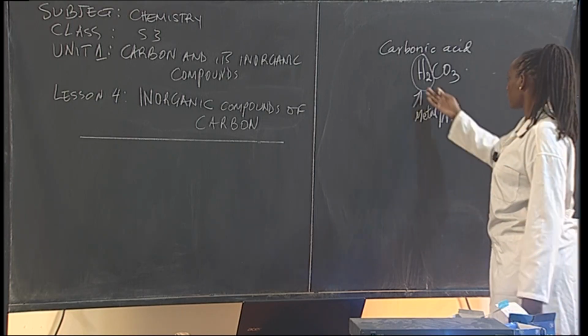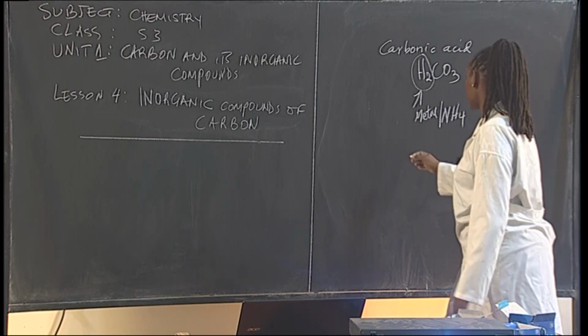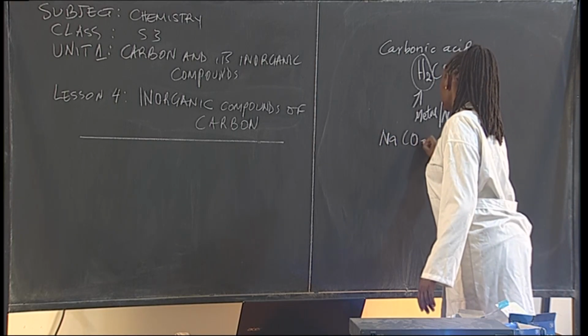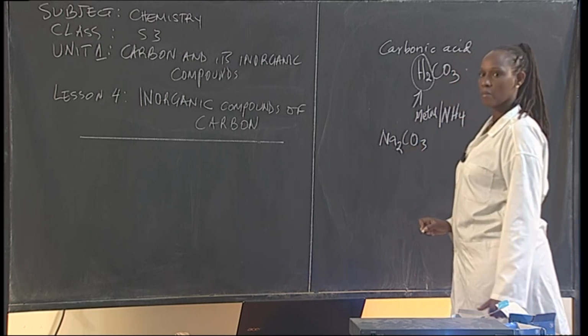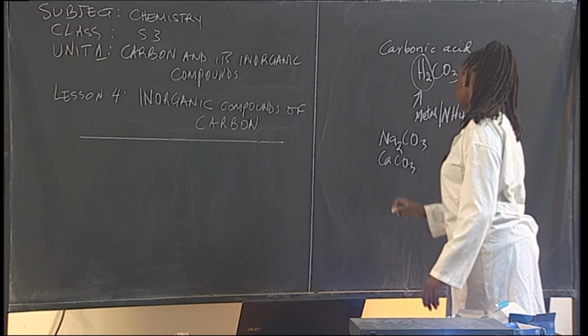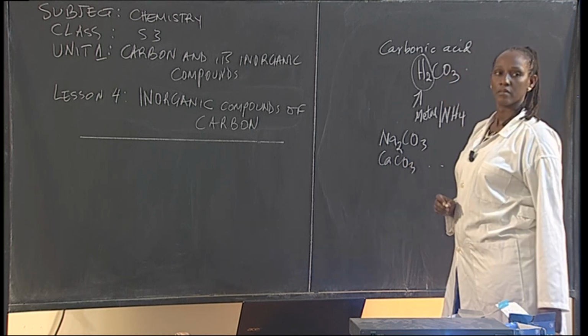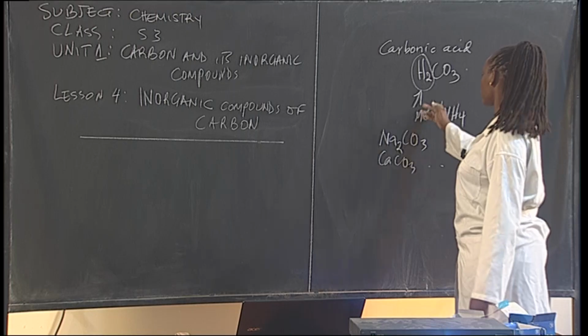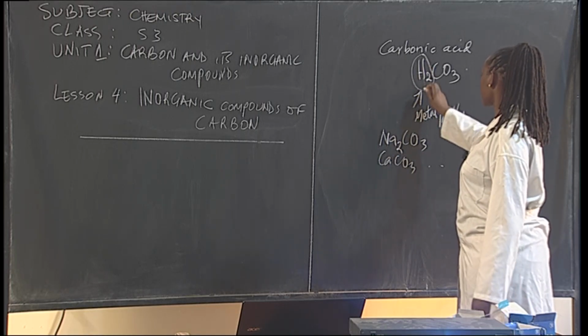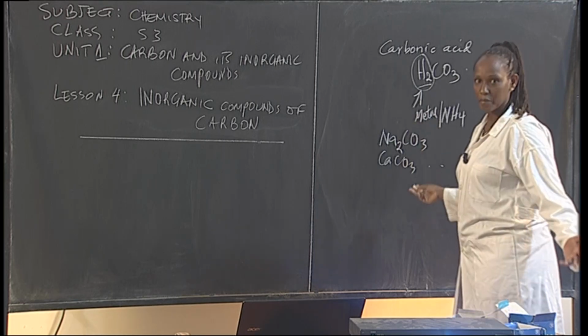For example, this hydrogen can be removed. We put there sodium. We remember sodium is a metal. Sodium carbonate, it can be calcium carbonate, etc. So you get any metal, you replace it within here, you get a metal carbonate.